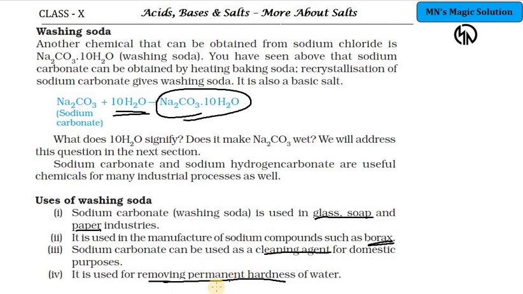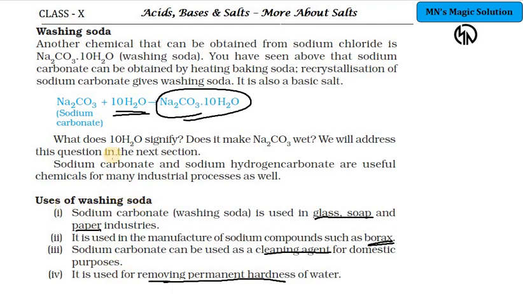But if we use normal soap, it will form scum with hard water. That is why soap is different from washing soda when it comes to cleaning purposes. So these are the 4 uses that we have seen for washing soda.